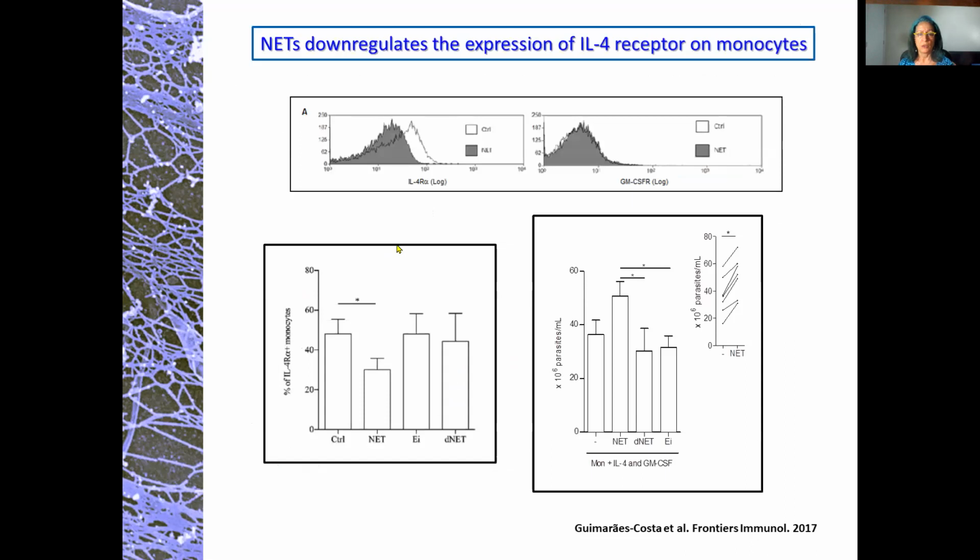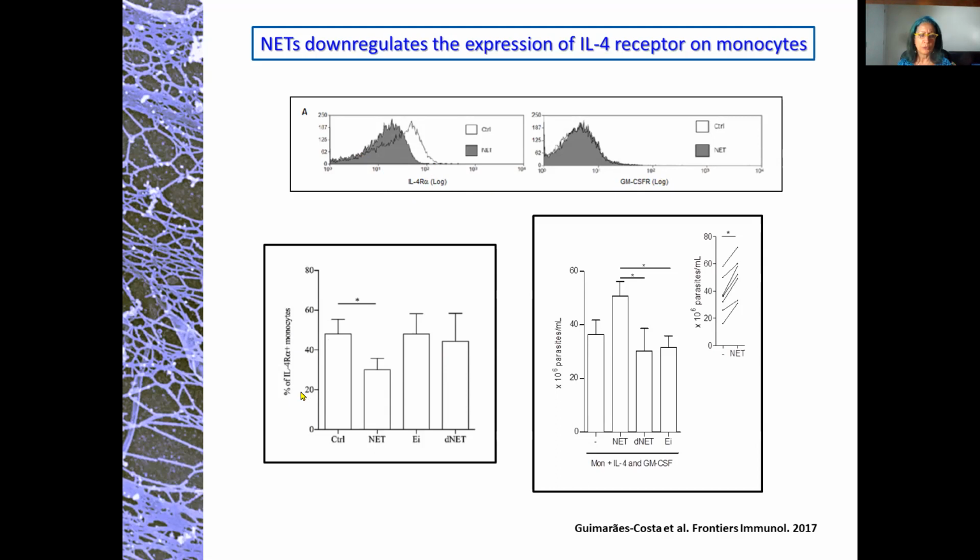So what could the NETs be doing in this culture? Anderson realized that and demonstrated that actually the elastase present in the NETs is digesting the alpha chain of the IL-4 receptor, but it's not doing anything to the GM-CSF receptor.